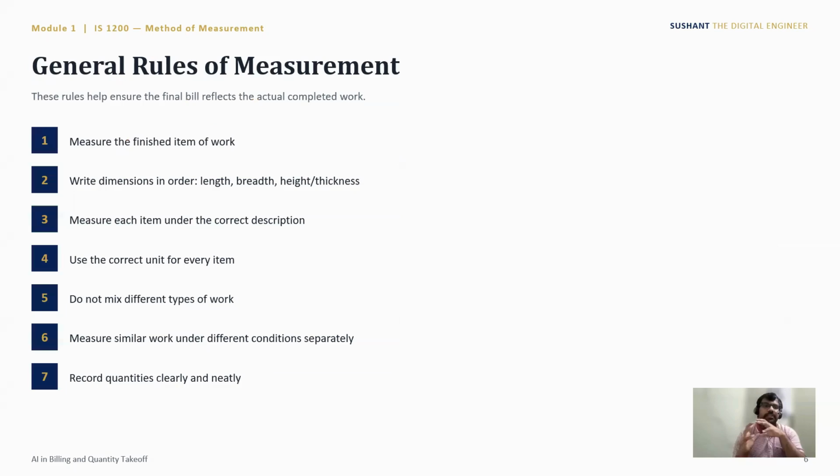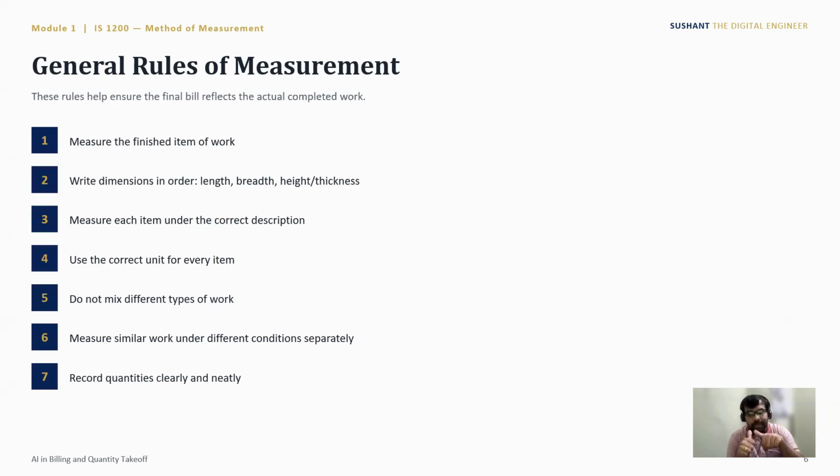Another part is the general rules of measurement. Measure the finished item of work, writing dimensions in order: length, breadth, thickness, or height. For example, you should mention the first dimension as length, not width. You should define what is the length, what is the width, and what is the height or thickness.